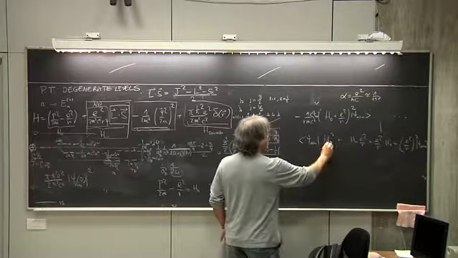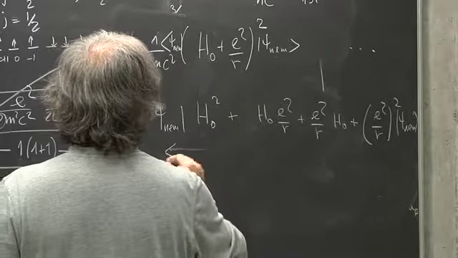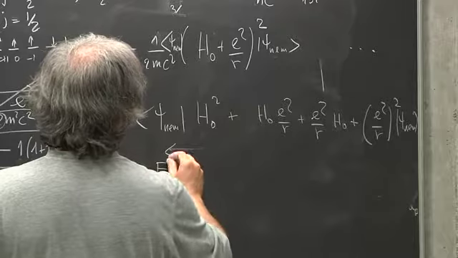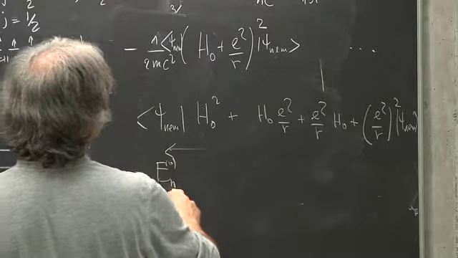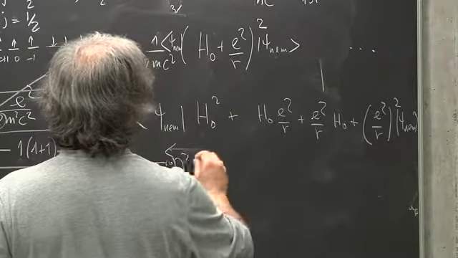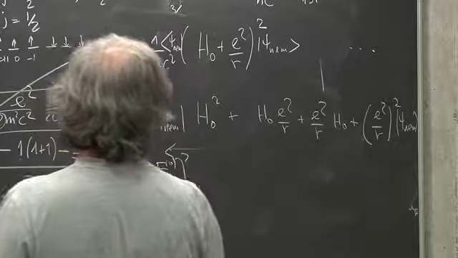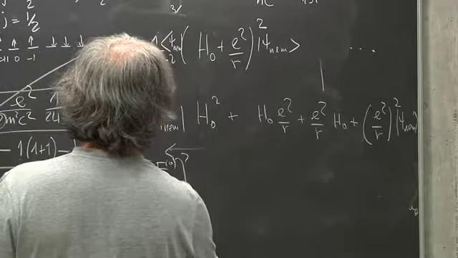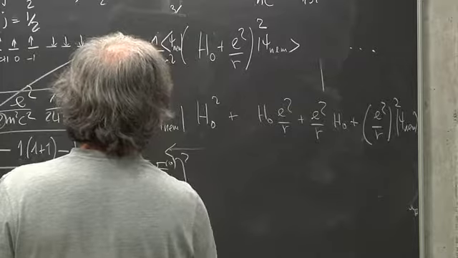Well, this gives you again E_n, the unperturbed energy, the n squared. So in our case, minus a Rydberg over 4 squared.